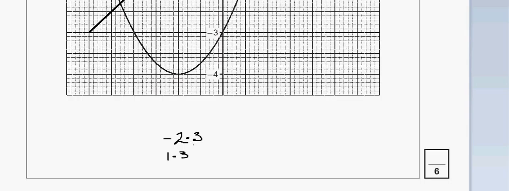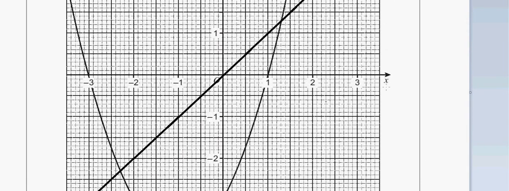So I'll just show you that the line cuts the curve at this point and this point, and this is what we want, the values for x. The values for y will be the same as well, because it's a y equals x line.